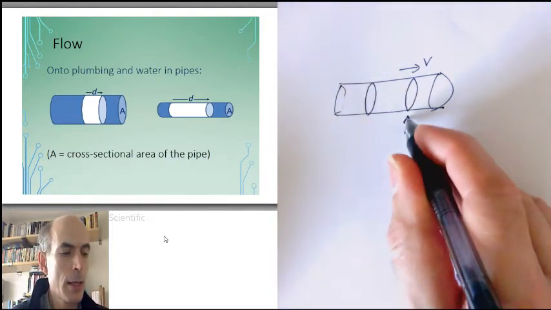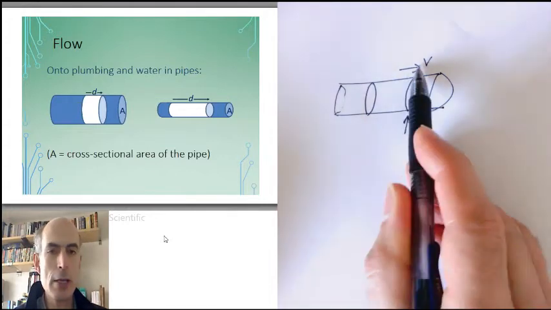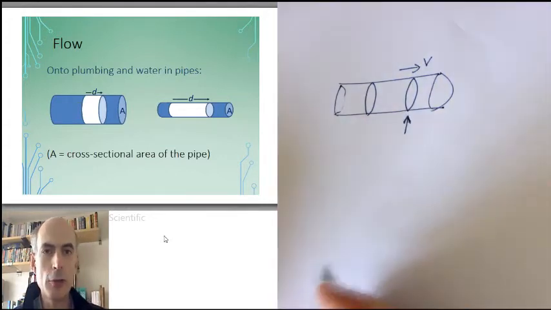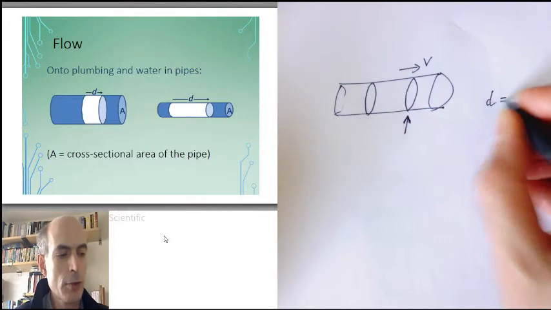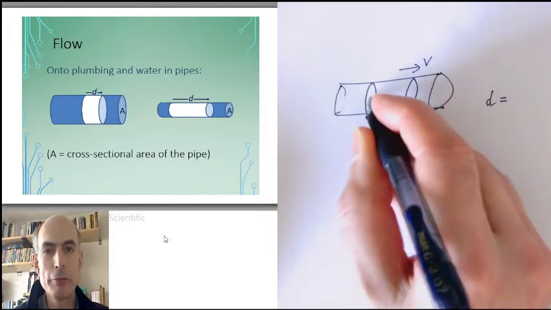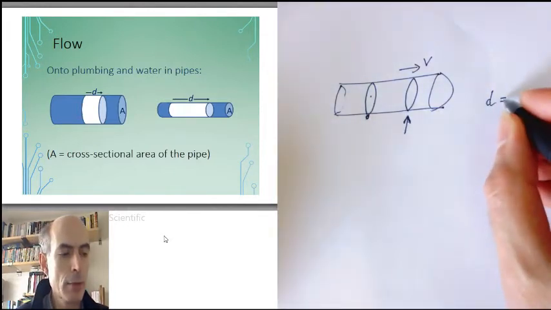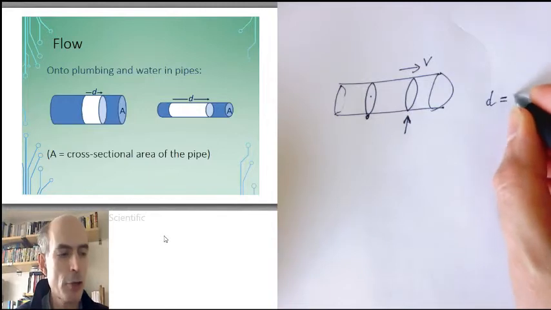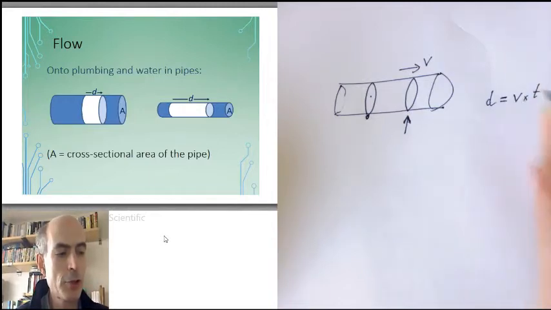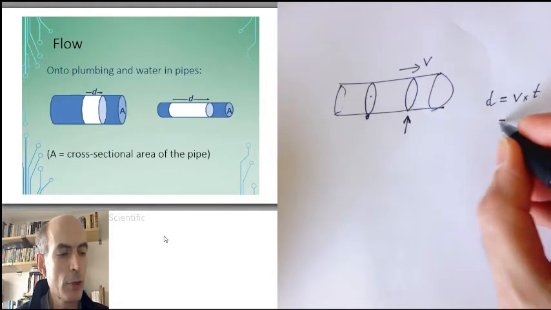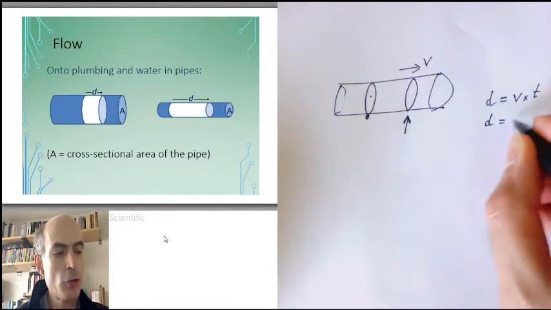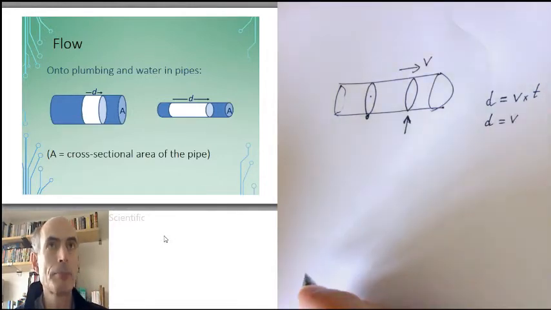If the velocity is v, then in 1 second, the distance that any bit of fluid has moved will be the velocity times the time. If time is 1 second, then the distance is just numerically equal to the velocity.